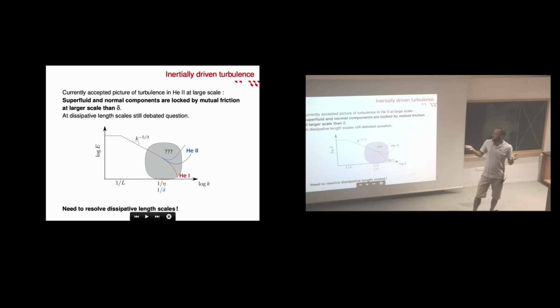But as you may know, the main ingredient in this locking mechanism is the vortex tangle that creates in turbulent flows. So at larger scales than the intervortex spacing, this mutual friction mechanism is expected to be very efficient. But once you reach small scales comparable with the intervortex spacing or below, what happens?